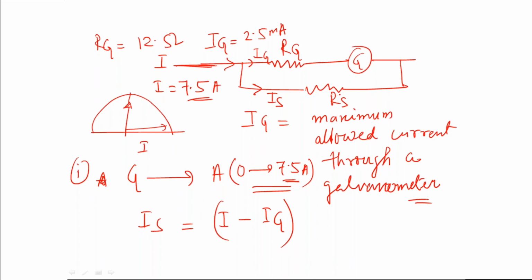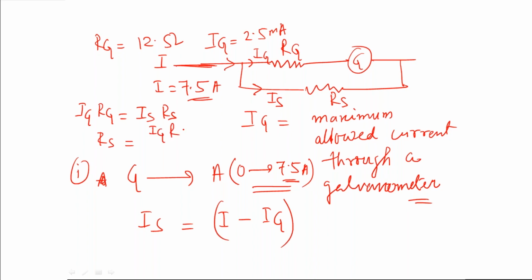So you have to connect some resistance to the galvanometer, and you have to find out the value of that resistance. I can write a simple equation. The voltage across both RS and RG will be the same. So what I can write is Ig RG equal to Is RS. RS you have to find.